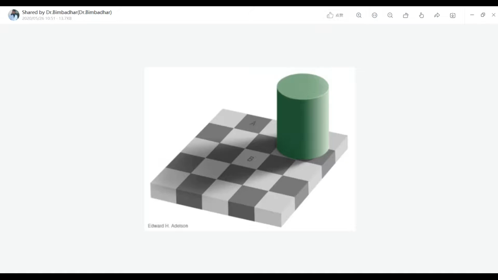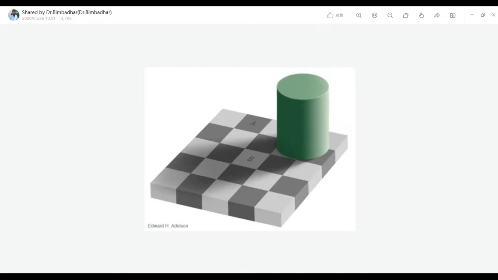If you remove the green block, you might find some videos on YouTube as well about the Adelson checkerboard illusion and how it actually works.